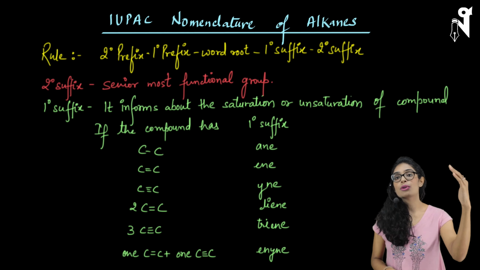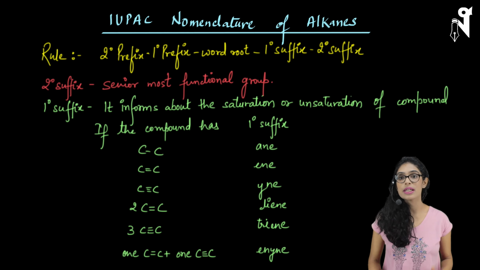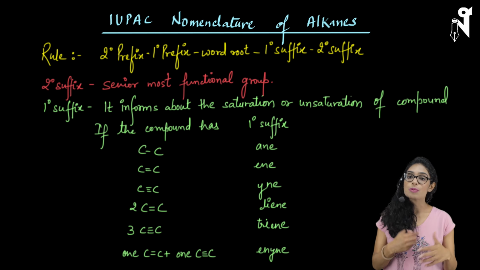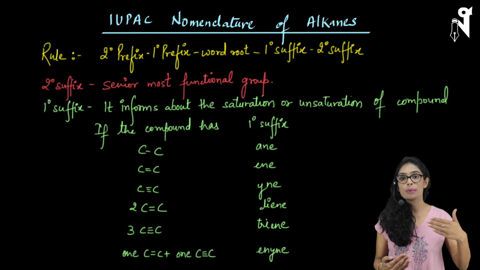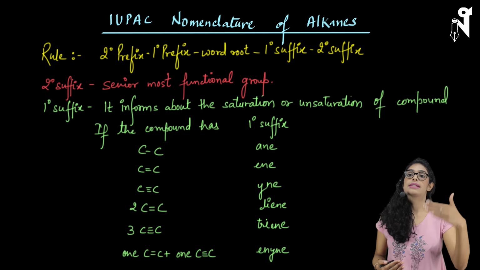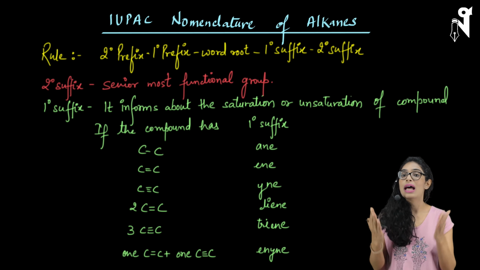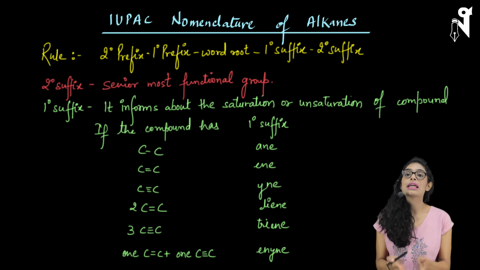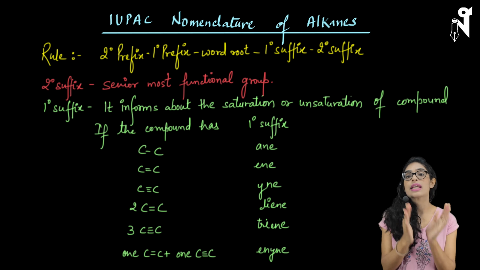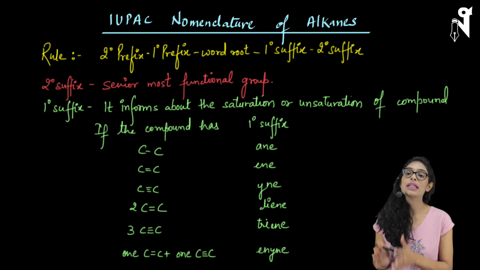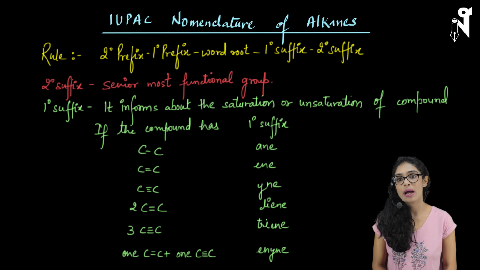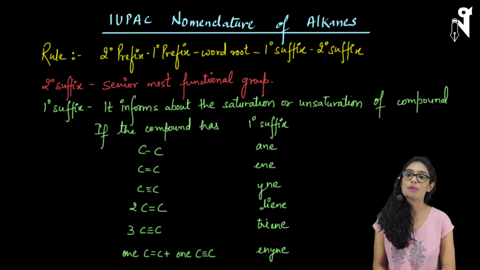So we start with the number of carbons 1 to 10, and we had spoken about meth, eth, prop, but, pent, hex, hept, oct, non, dec, and so on. And we had spoken about the alkanes also. The simple alkanes are represented by the suffix "ane", alkenes by "ene", and alkynes by "yne", and we have seen these names before.